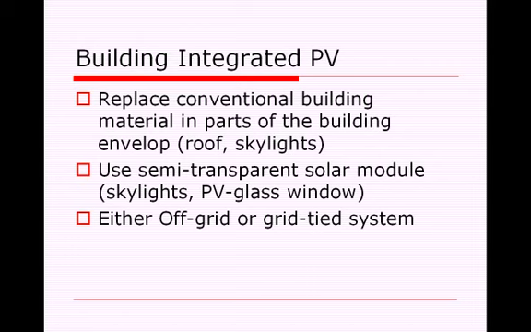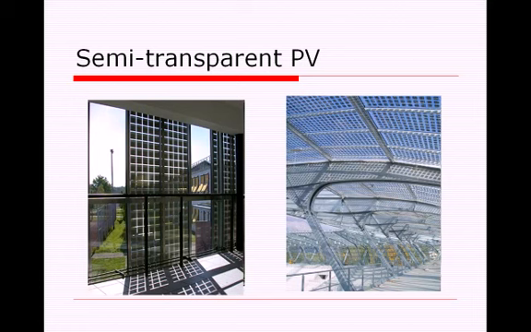And either off-grid or grid-tied systems can be used. And semi-transparent PV, these two pictures show examples of using solar panels. The picture on the left side shows that solar panels can be used instead of windows, and the picture on the right side shows that solar panels can be placed on the roof.